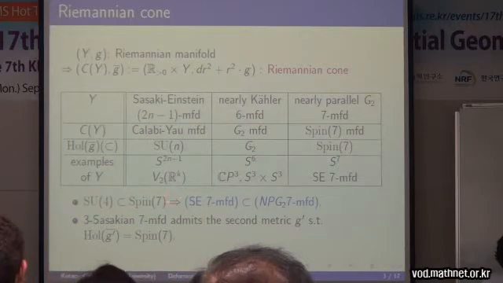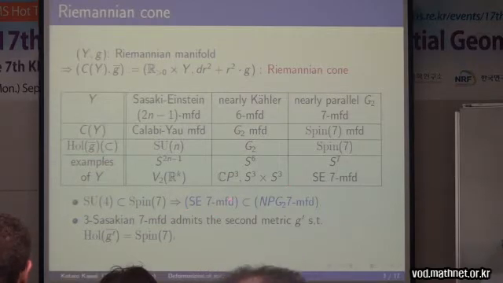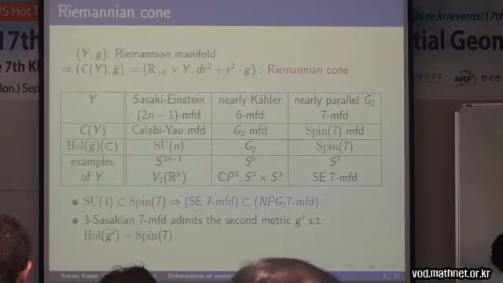So all Sasaki-Einstein 7-manifolds are nearly parallel G2 manifolds. Many examples of Sasaki-Einstein manifolds are known, so we have many examples of nearly parallel G2 manifolds.